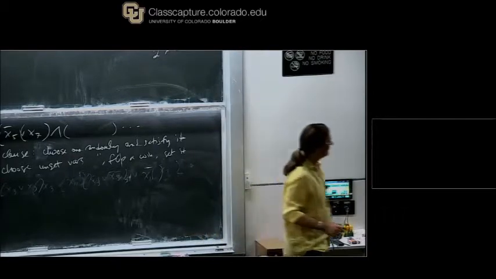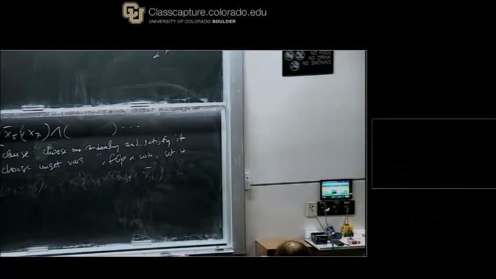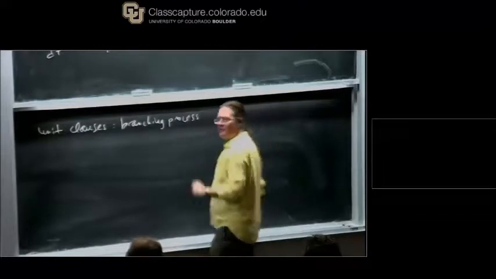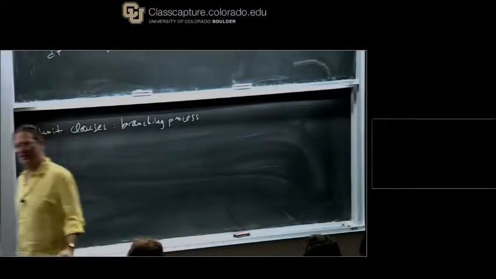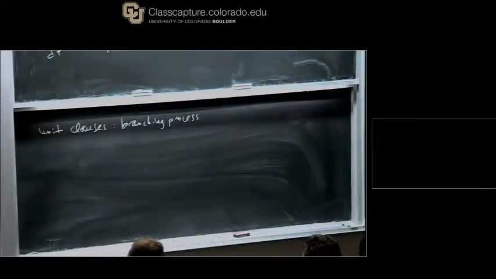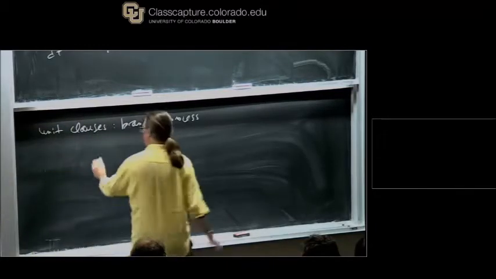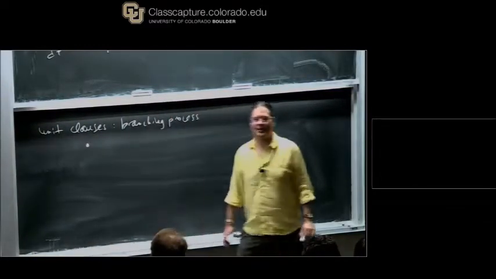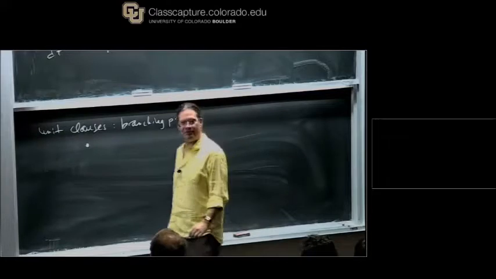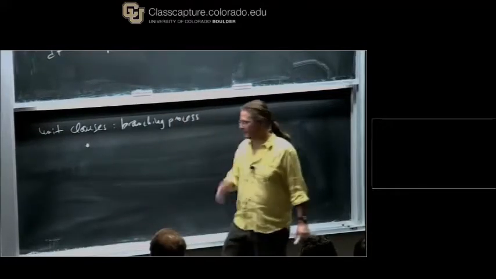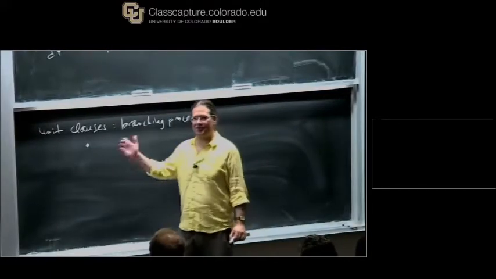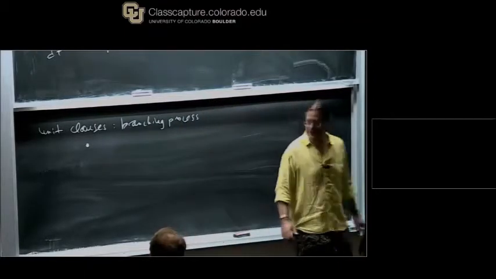OK, great. All right. So for the unit clauses, I'm going to use this thing called a branching process. How many of you already know branching processes inside and out? OK, good. So a branching process is something where things have children, as several people in this room have been doing. But these things reproduce asexually.